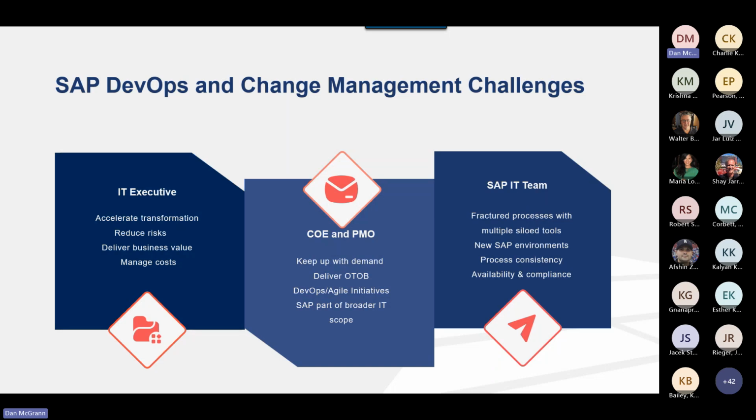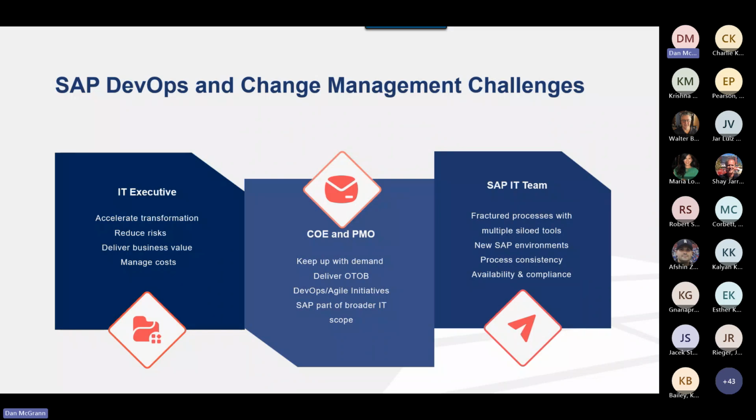SAP is very important, but there are other applications in there that need to be managed alongside SAP. So they might need to integrate the SAP change management with some of those other change management tools for other applications.